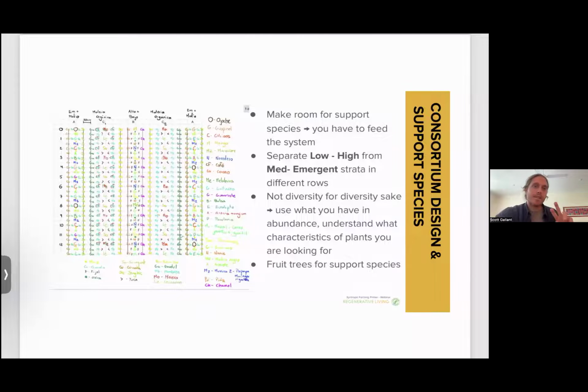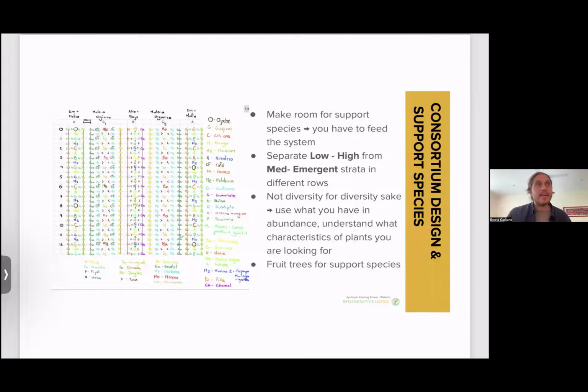And we separate out strata. When we pick the plant and understand its strata, is it low, medium, high, or emergent, we separate those out so the low and high plants live together and the medium and emergent plants live together.